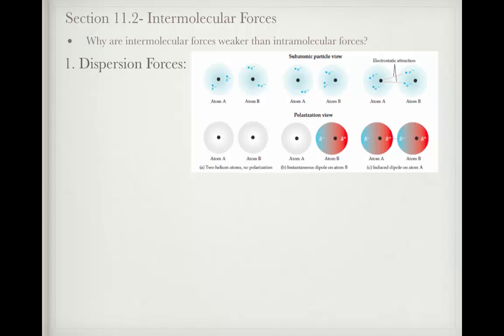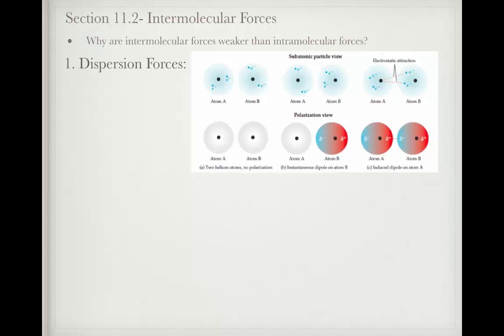However, as you can see in B, in that middle section, at one instant, in one second, those electrons can line up. Then they'll go back to being evenly distributed again, but they can line up on a specific side. So in atom B, those electrons have lined up on the left-hand side.